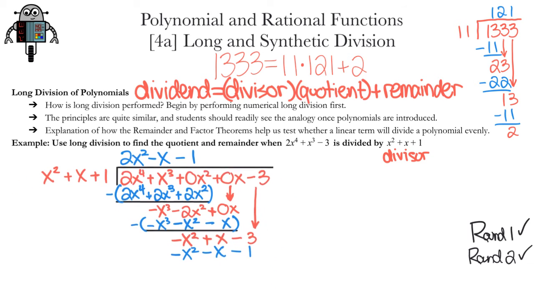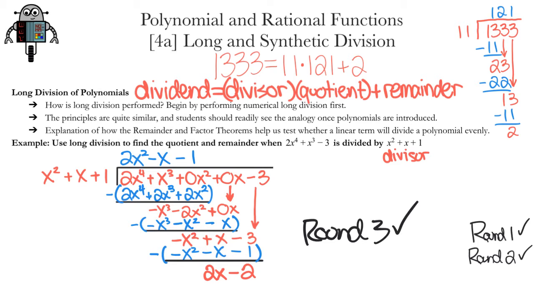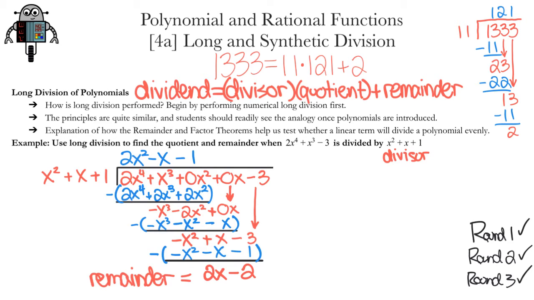Subtracting that entire expression, we get 0, 2x, and negative 2. And we're done, because the last term, negative 3, was dropped down in that previous step. Therefore, the quotient is 2x squared minus x minus 1. The remainder is 2x minus 2.